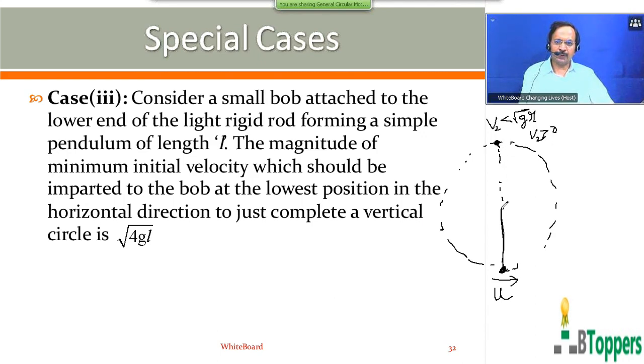the bob is not attached to one end of a string. The bob is attached to one end of a light rigid rod which does not slacken at the highest position, even if the velocity at the highest position is less than root gr.